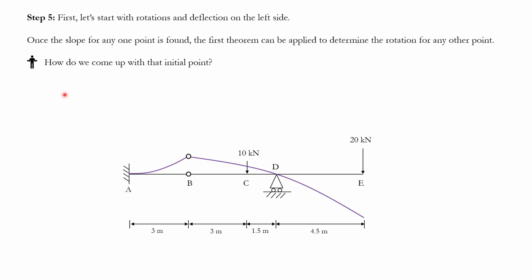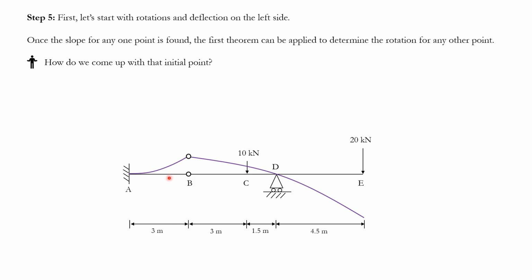Now, the thing here is we have to come up with an initial point if we're trying to find the slopes for any of these parts of the beam. And remember that for a hinged problem, effectively, we're going to treat the parts separately, right? Similarity-wise, I would say it's very similar to the deflection method of integration question that we had.